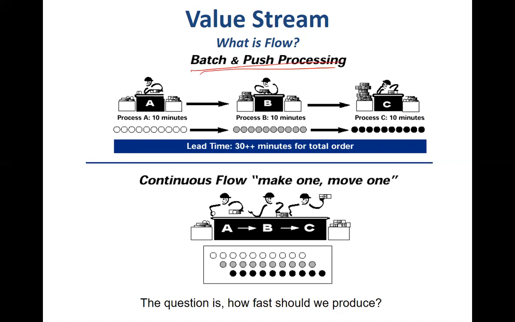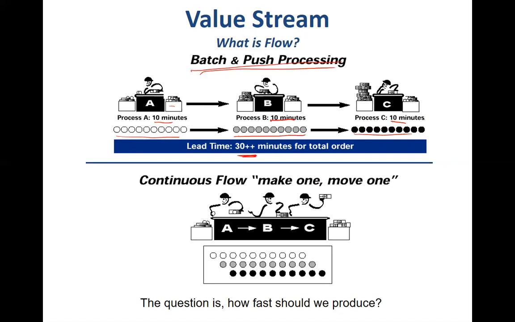And here we can see that each process is independently making products. They have their own times. And based on this time, everybody is making those many products for the next in line. And hence, the lead times are greater than 30 minutes for the total order because everybody has to spend enough time to make that batch.